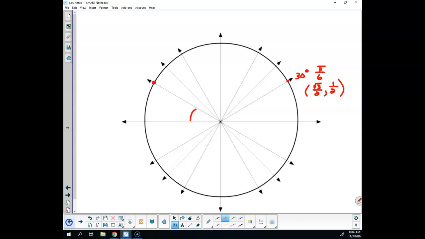So if I'm working back, that's 150 degrees, or 5 pi over 6 radians. X would be negative, Y would be positive.